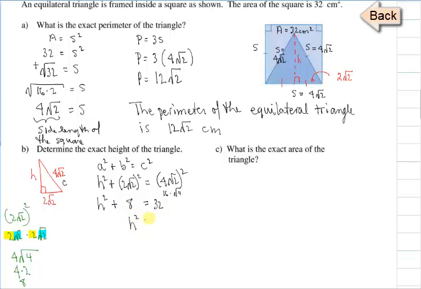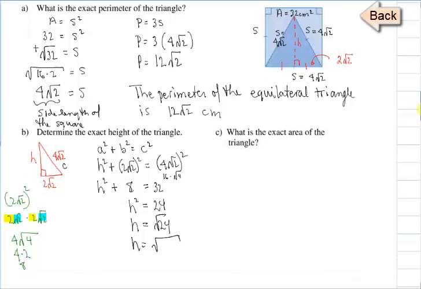Alright, so now I'll solve for h squared. I'm going to bring my 8 over to the other side. It becomes negative. 32 minus 8 is 24. Square root both sides, and I get that h equals the square root of 24. And once again, we have a side length, so we only need to worry about the positive value of that.